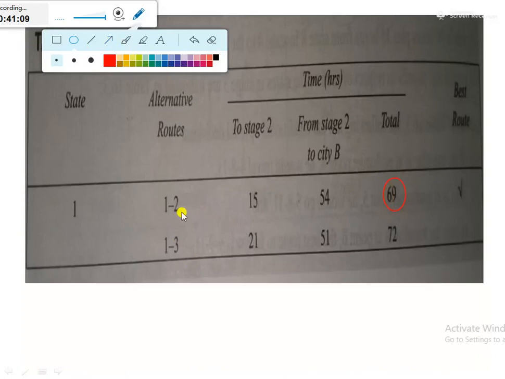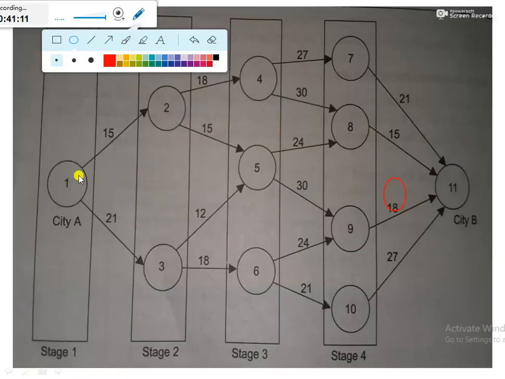So the final solution would be like this. We go from point 1 to point 2, as it takes only 15 hours. From point 2 to point 5, again 15 hours. From point 5 to point 8, it takes 24 hours. And from point 8 to point 11, it is 15 hours.